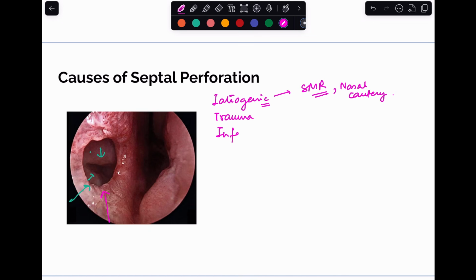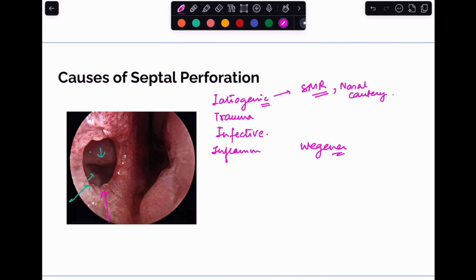Then we have infective causes. Infective causes can involve cases like tuberculosis, leprosy, syphilis, even in case of septal abscess. Then we have inflammatory causes, which is mostly some granulomatous conditions like Wegener's granulomatosis, or sarcoidosis.